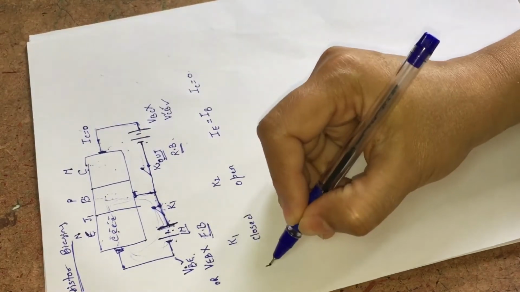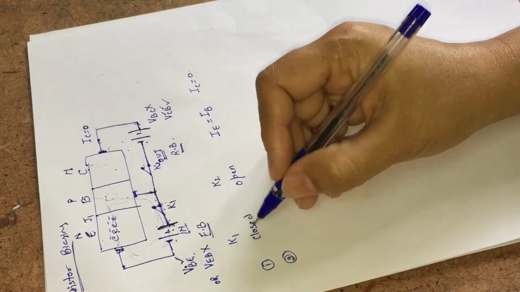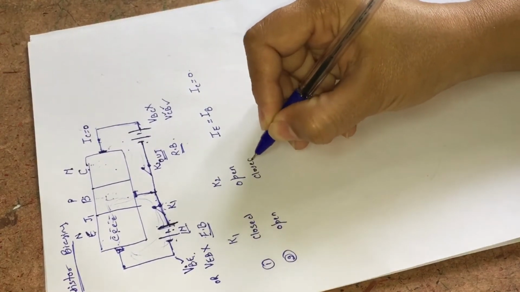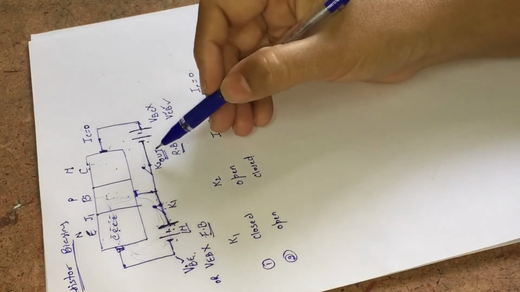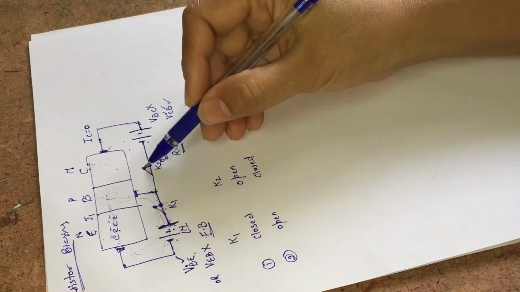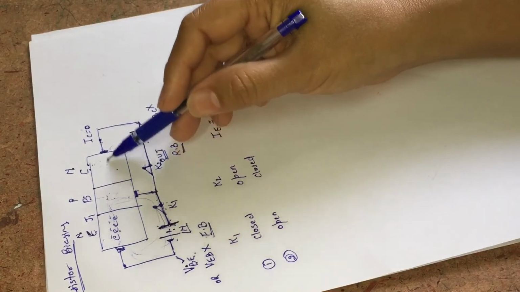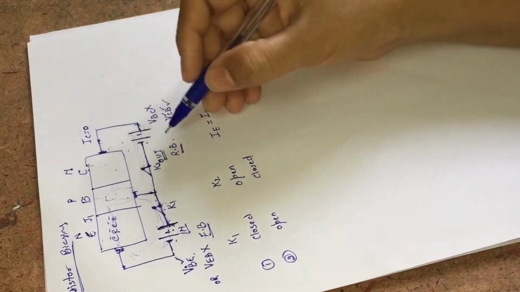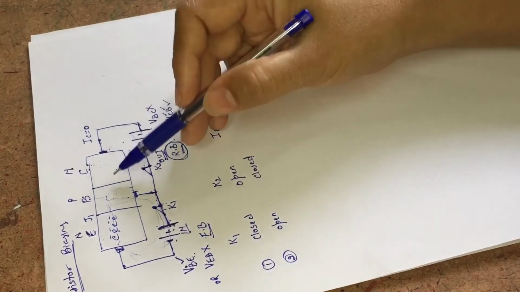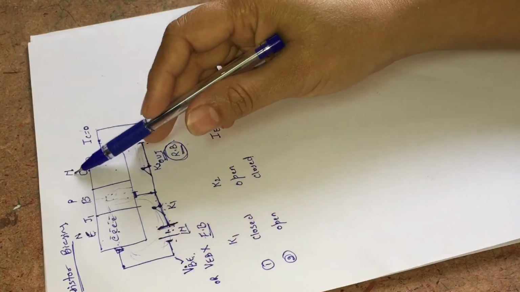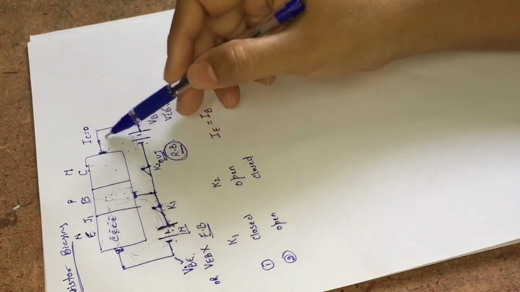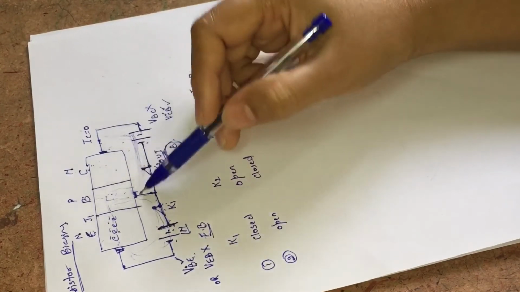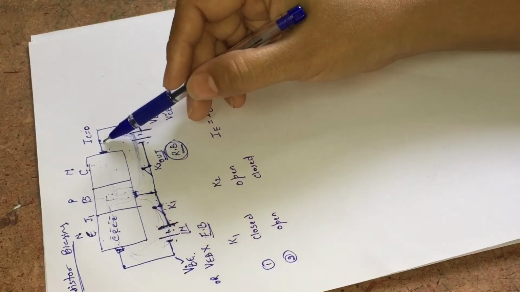In the second case, if we consider K1 is open and K2 is closed, what will happen? If this is closed, it means the whole loop will work. But we also know that it is reverse biasing. The P type base and the N type collector are in reverse biasing, and we know that when there is reverse biasing, there will be no current.